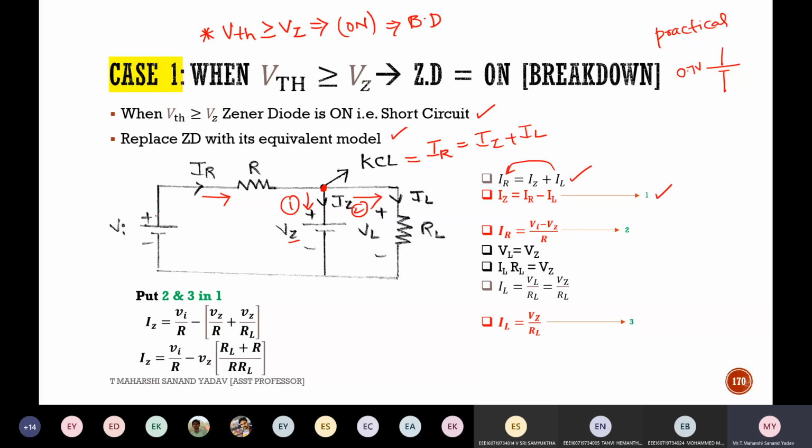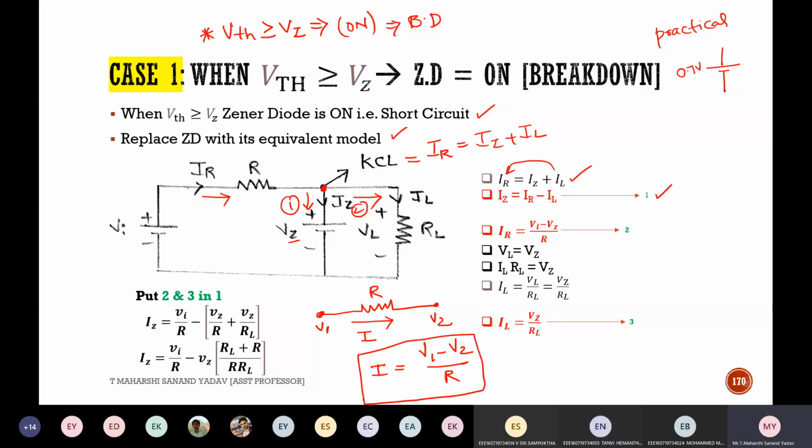Now how did I get this IR? How to find it? Suppose these are 2 points. Suppose this is V1, this is V2, and this is R, and some current I is flowing through this. How to find I? I is V by R, right? From high to low, which is nothing but V1 minus V2 by R. I hope you know this.